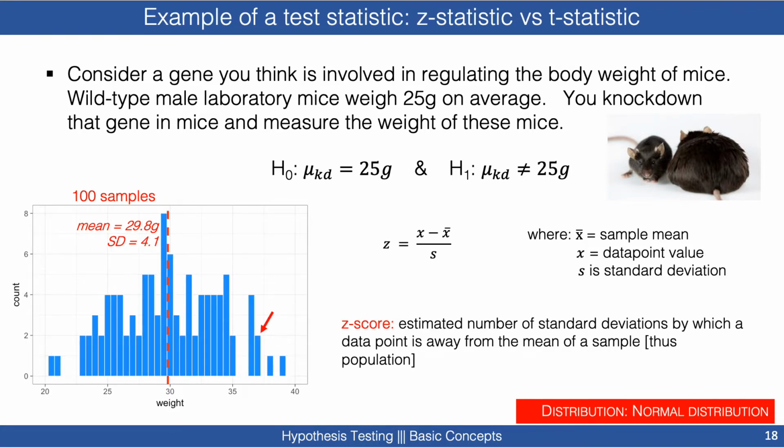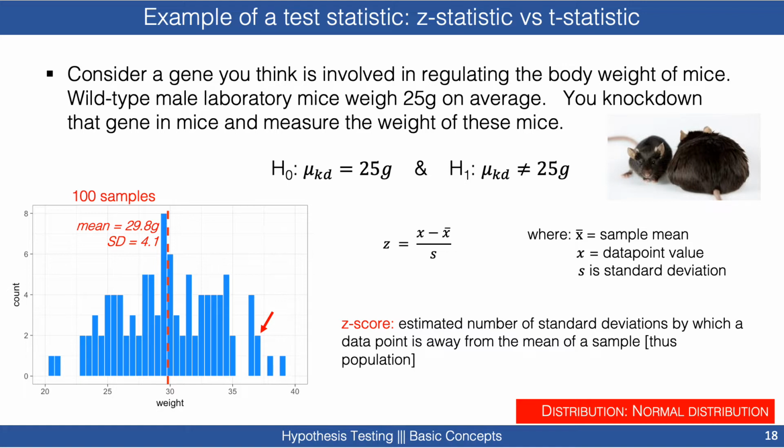If you know the theoretical standard deviation as well, then another way to test the same hypothesis is using the z-statistic, which, if you look at the formula below, is again very similar to the t-statistic, except that instead of estimating the error around the mean, you use the population standard deviation to compute the test statistic z.